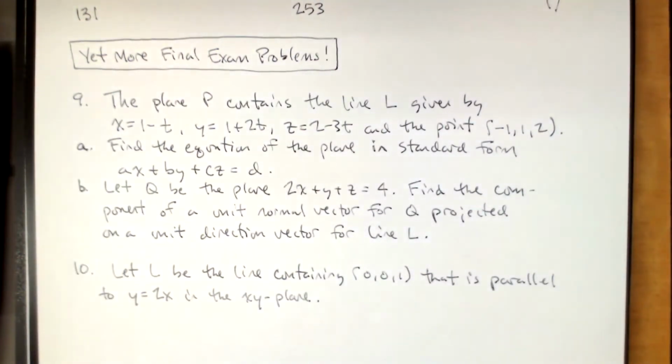So I want a line in free space that is parallel to the line y equals 2x in the xy plane. So imagine what this must look like. You've got a line parallel to a line in the xy plane containing the point (0, 0, 1).